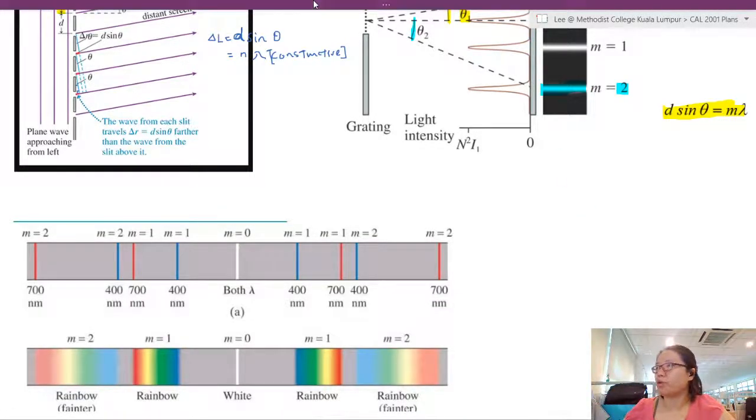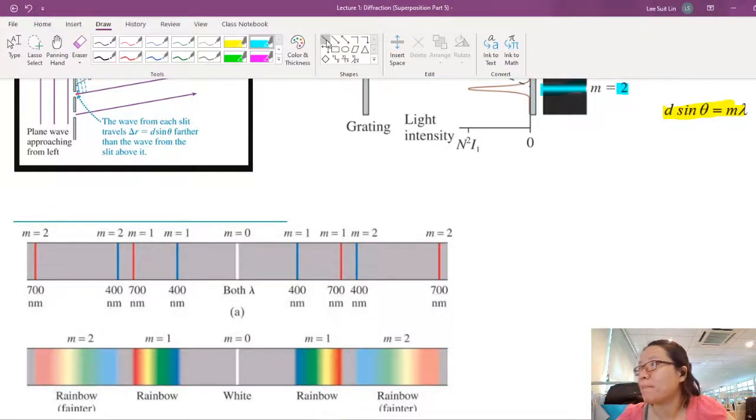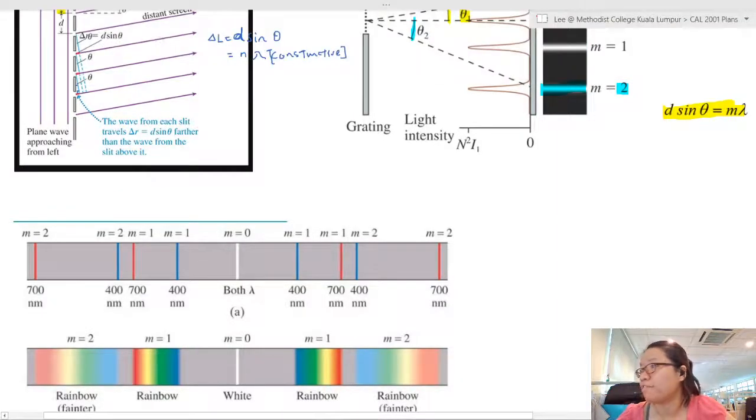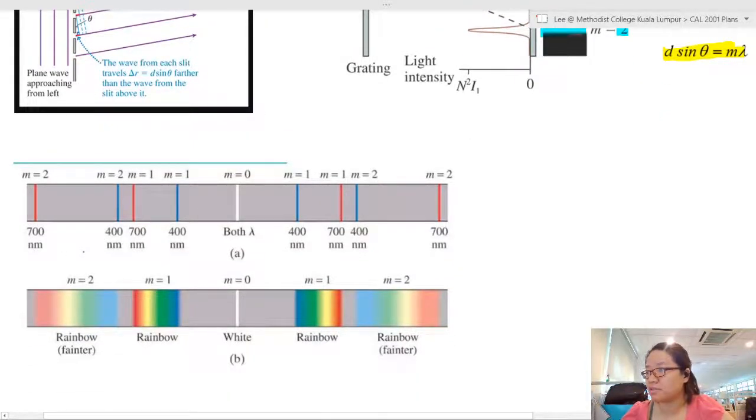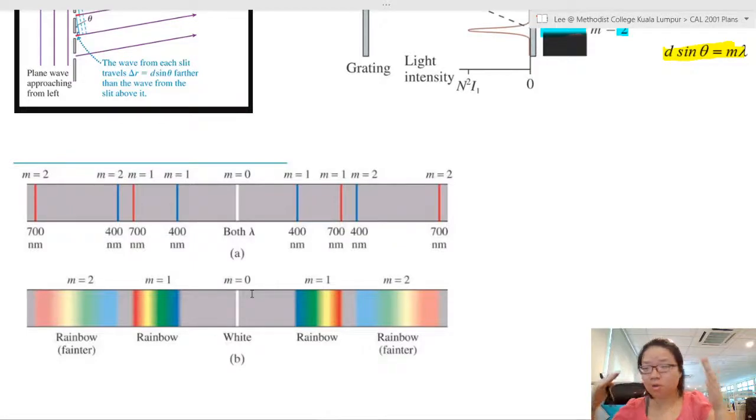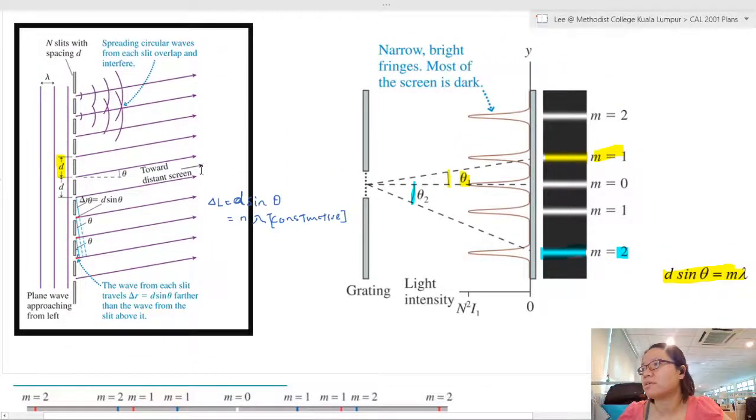Then you will get bright lines. But if you put white light, then you will get many wavelengths. And when you have many wavelengths like this, you get some rainbow shading, but the center is always white because at the center, all the waves will arrive with the same path difference, which is 0. Remember? When they arrive at the center, they travel through the same distance. Let's say this is the center here.